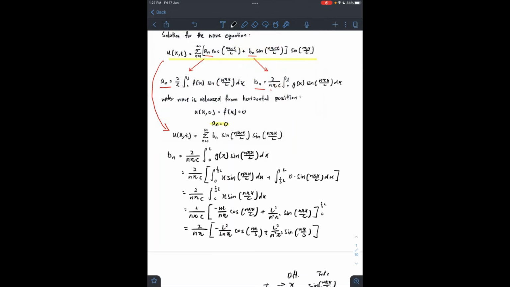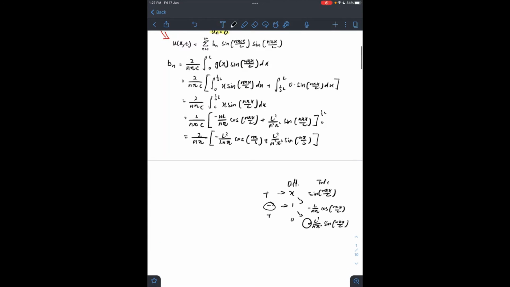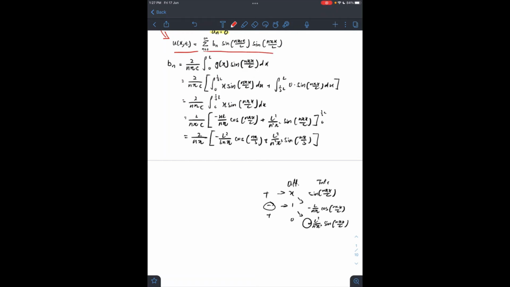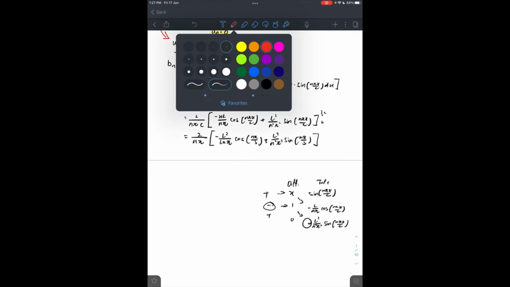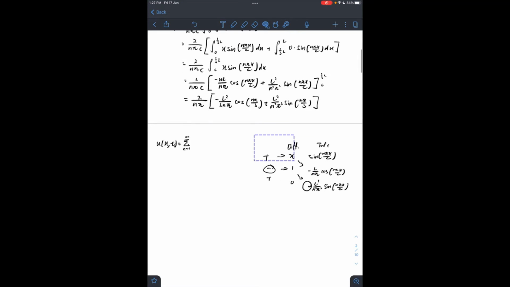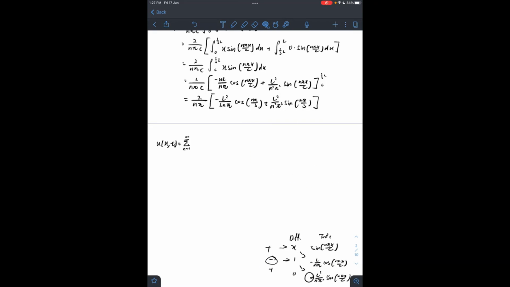So for the final solution, what we need to do is substitute the bn into this. Okay, you can see this formula. u(x,t) equal to, so now here, okay, we have some space. Then we continue to substitute the bn into it.